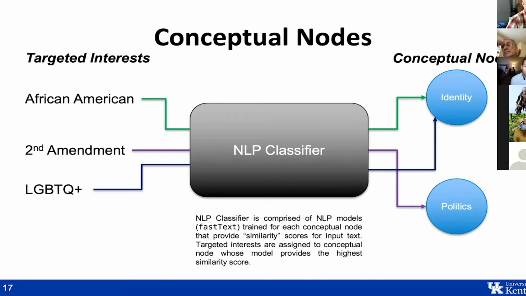So essentially we train a fastText model for each of our conceptual nodes, and then each of these fastText models can provide a similarity score for a targeted interest that it is provided, and whichever conceptual node's fastText model provides the highest similarity score, we assign that targeted interest to that conceptual node. So that's how the mapping takes place in this phase of the project.